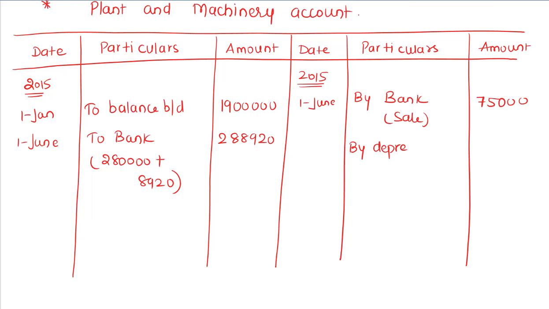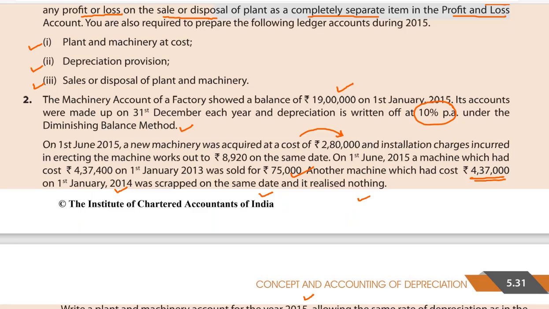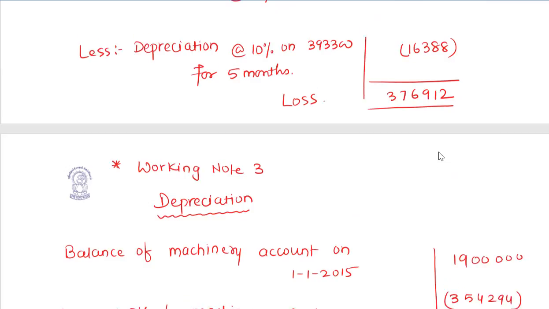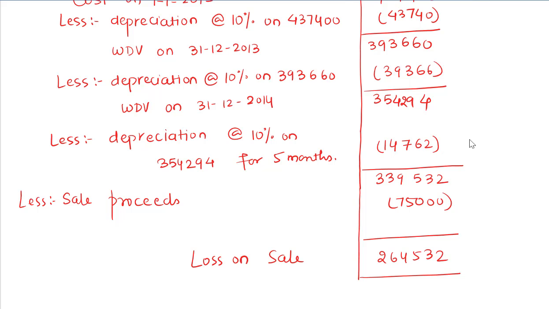By depreciation on machine sold. The depreciation amount is 14,762. You can see it from here, for the last year's 5 months, 14,762. Loss on sale is 264,532.